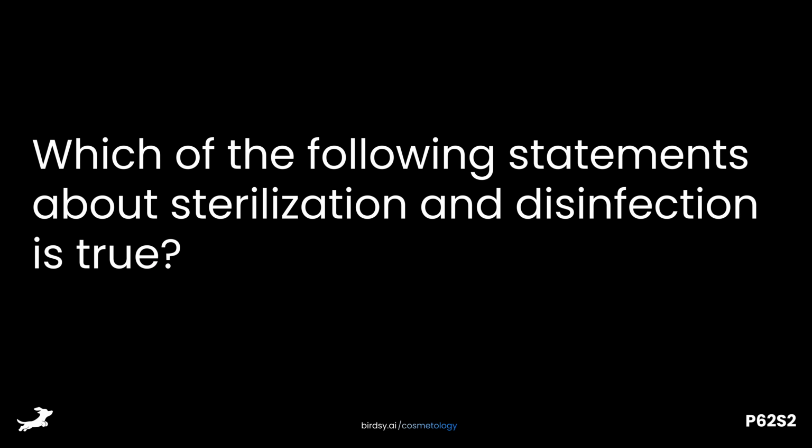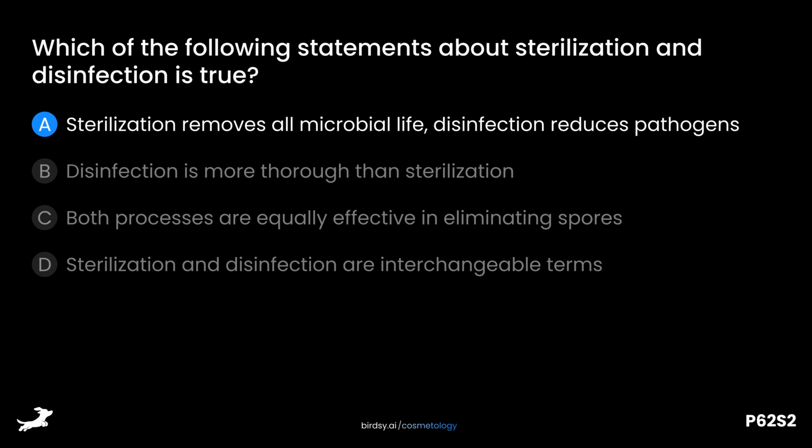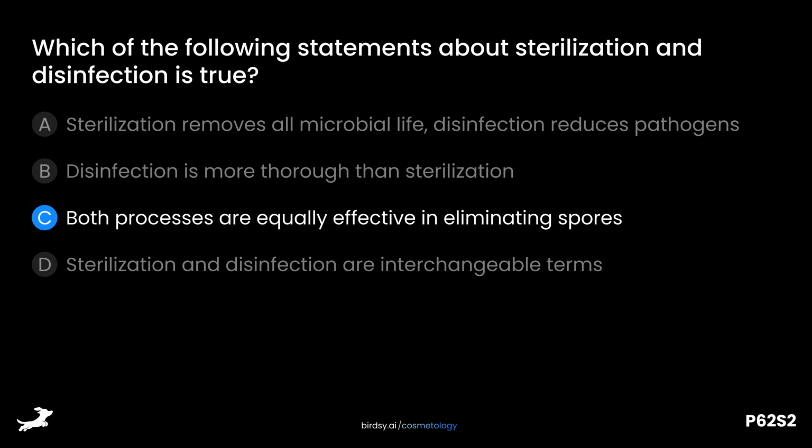Which of the following statements about sterilization and disinfection is true? Is it A, sterilization removes all microbial life, disinfection reduces pathogens? B, disinfection is more thorough than sterilization? C, both processes are equally effective in eliminating spores? Or D, sterilization and disinfection are interchangeable terms?